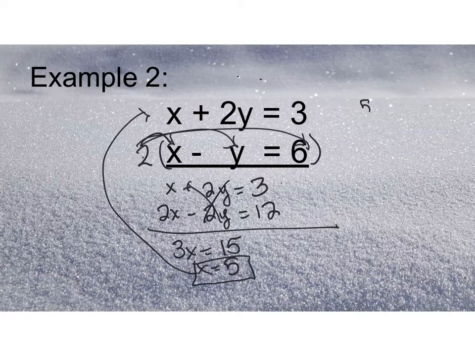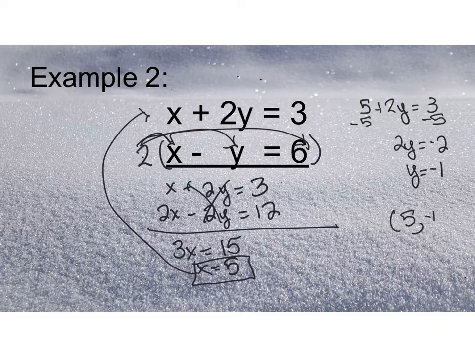So if I have 5 plus 2y equals 3, I subtract 5 from both sides. I'm going to get 2y equals -2, and so y will equal -1. So again, I get the same answer, just a different strategy. And you may choose multiplying by 2. It just depends on what your preference is. Either one is acceptable.